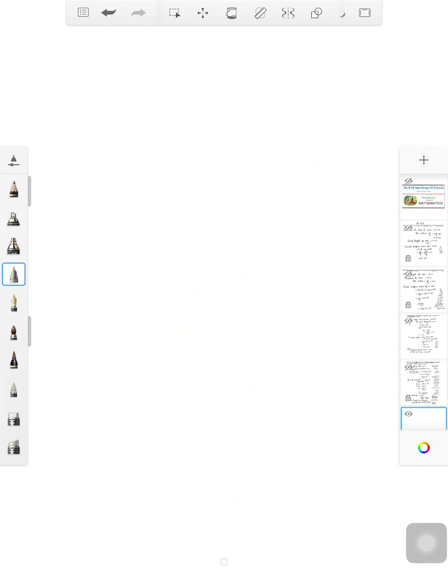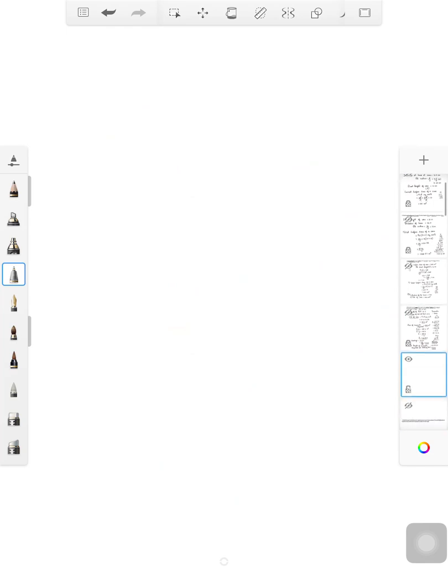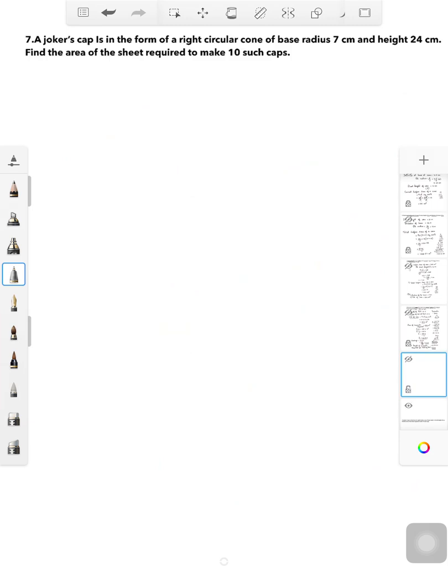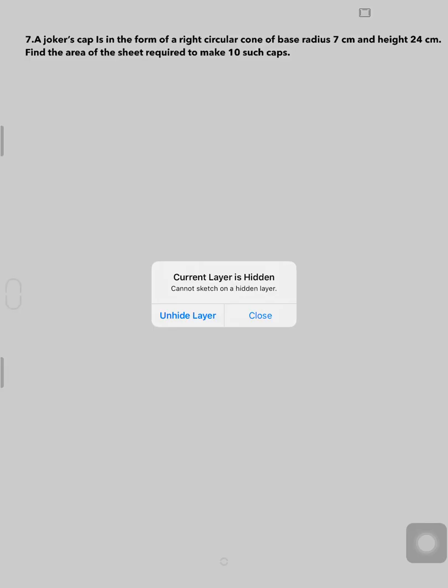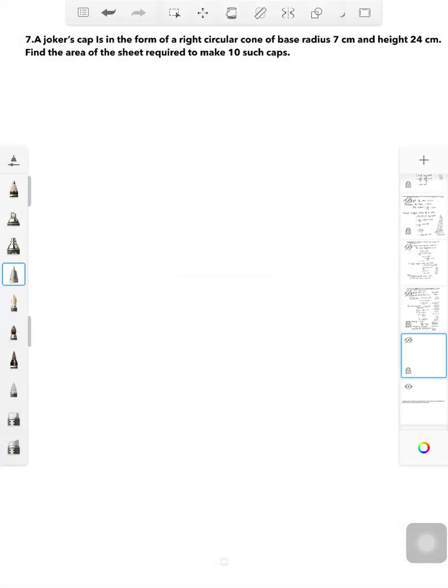Now we'll move on to the next sum. What is given? A joker's cap is in the form of a right circular cone of base radius 7 centimeter and height 24 centimeter.